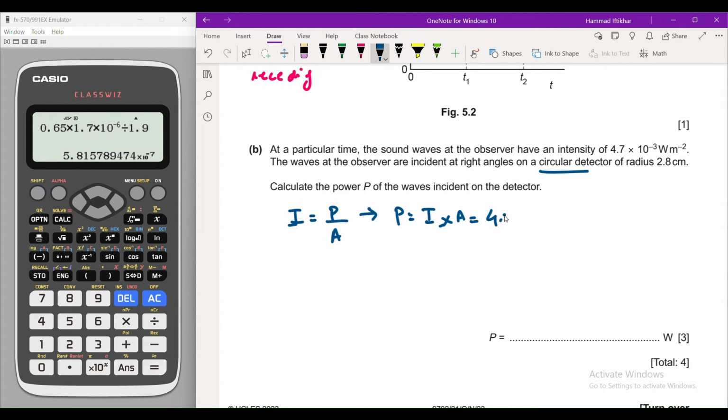So intensity is 4.7 × 10^-3, and the area is pi times the radius, 2.8 × 10^-2, whole squared.